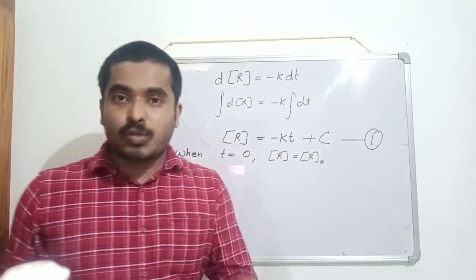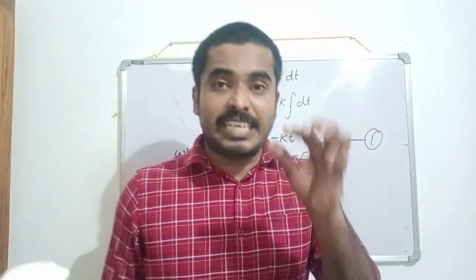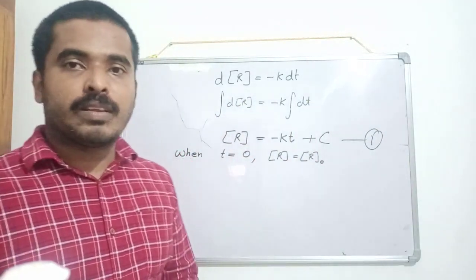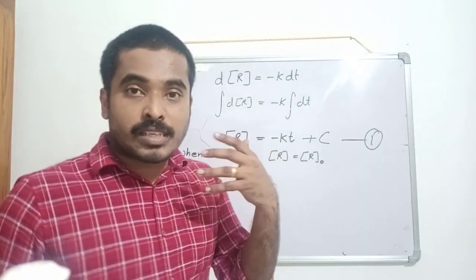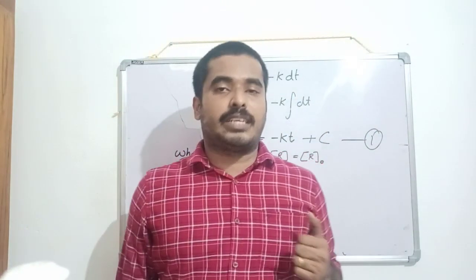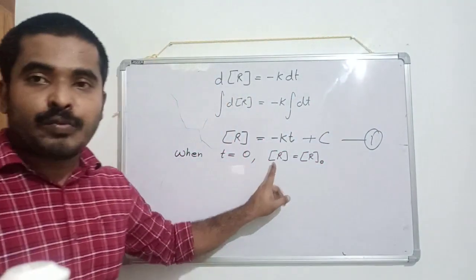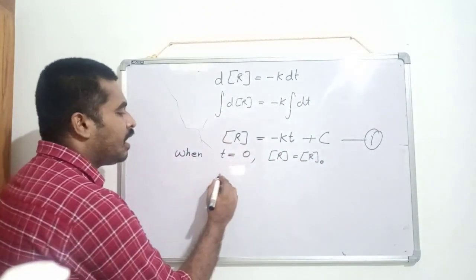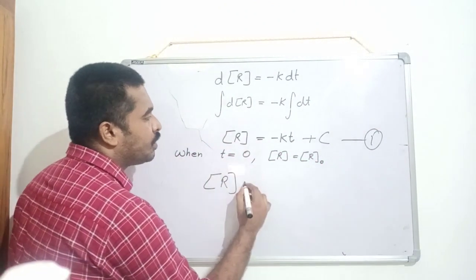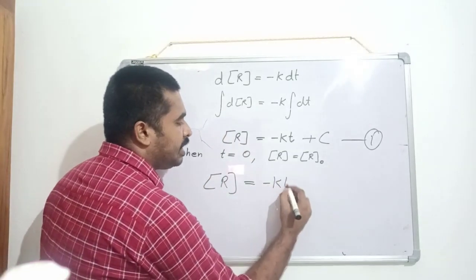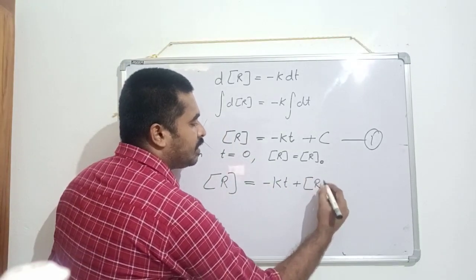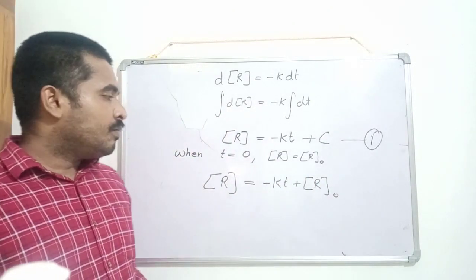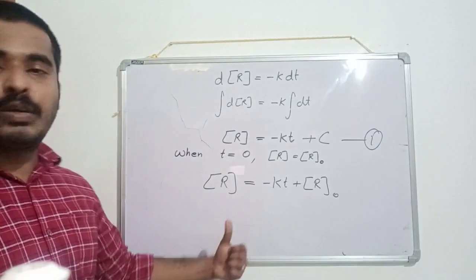When time equal to 0, that concentration is called the initial concentration, and instead of R, we need to write R0. So how will it be? R is equal to minus kt plus R0. We are almost at the equation.